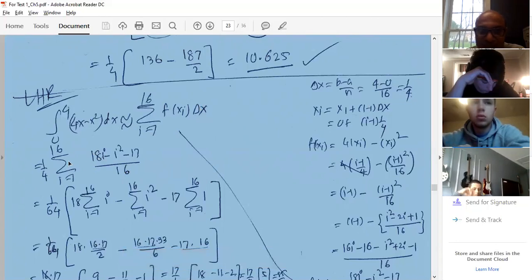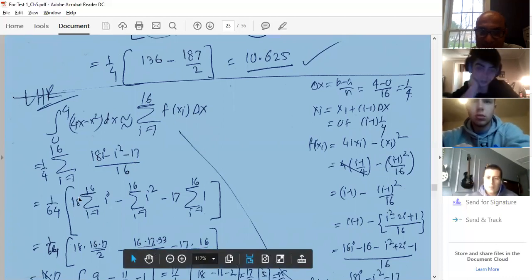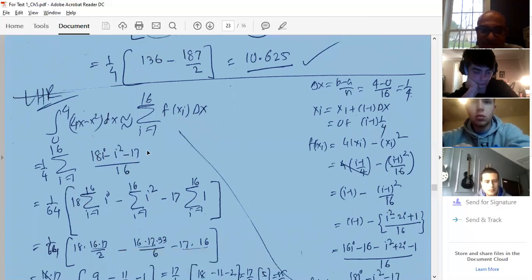Summation of 18i minus i square minus 17. 18 is again constant, so let me pull it out of my summation sign. I put the big bracket: 18 summation of i, minus summation of i square, minus summation of 17, but 17 is constant, let me pull it out of my summation: 17 and summation of 1.